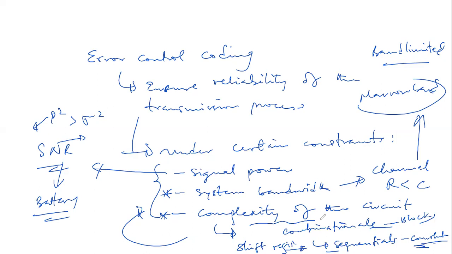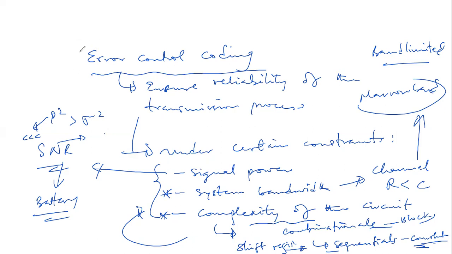Conventionally, error control coding is used to reduce the transmitter power and the size of antennas in view of obtaining a specified probability of error. That's why we want to do error control coding. We want to transmit at very low power, and also use small-sized antennas at a specified probability of error.